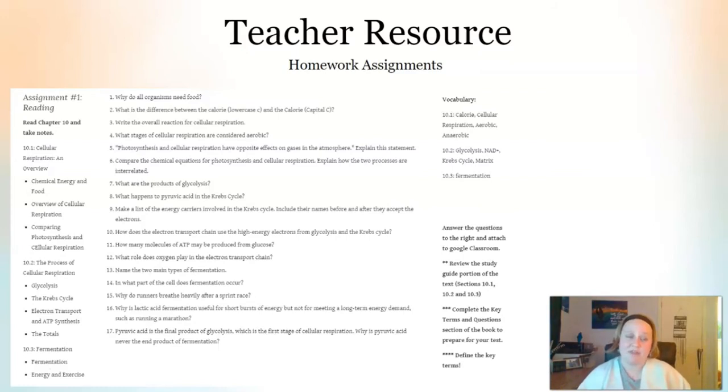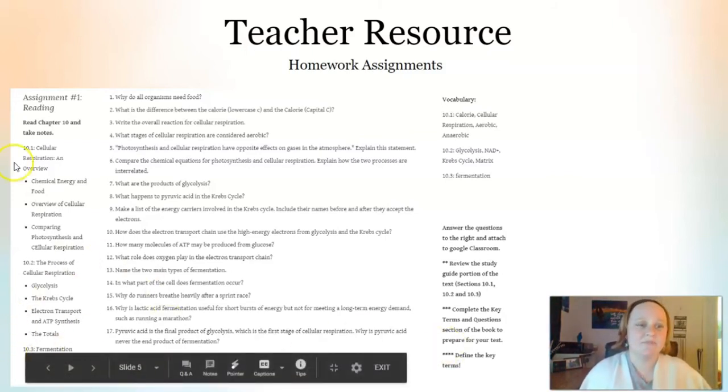Every chapter, they are required to read the chapter and take notes in an outline form. I have taken that basic outline of the chapter and I put that right here.